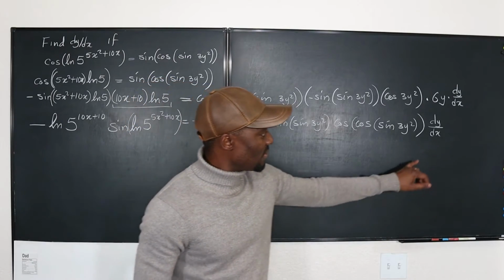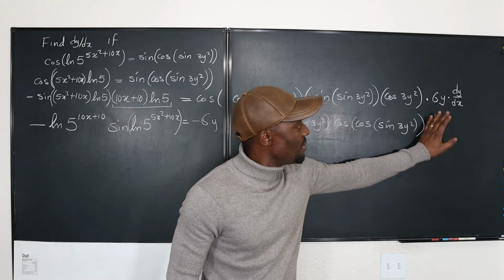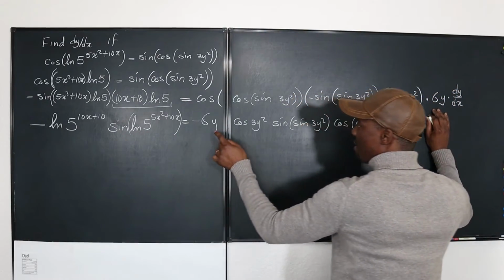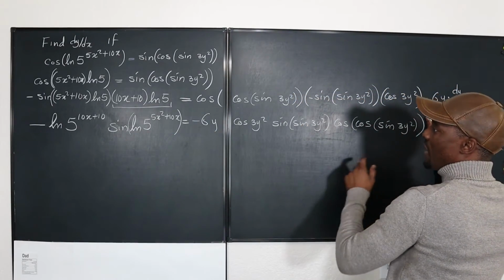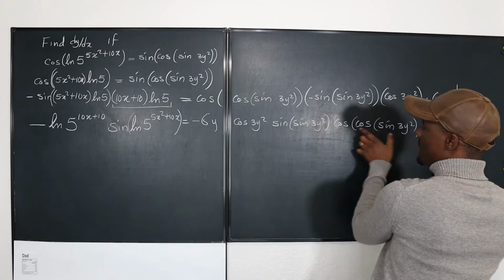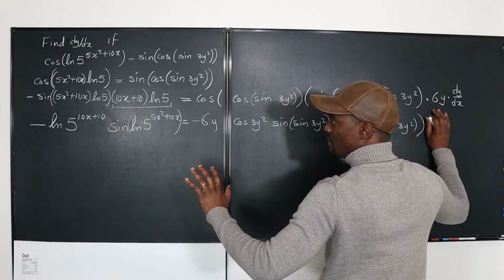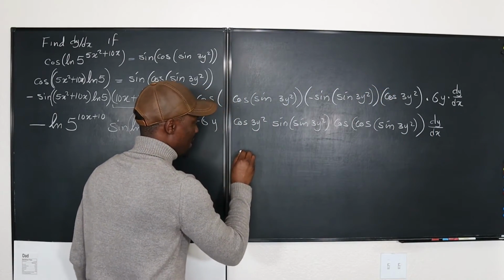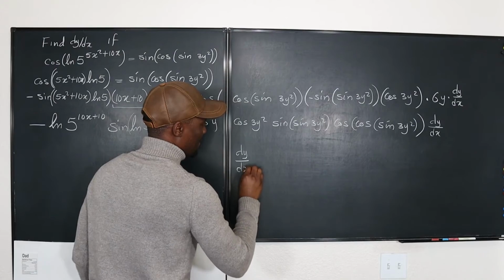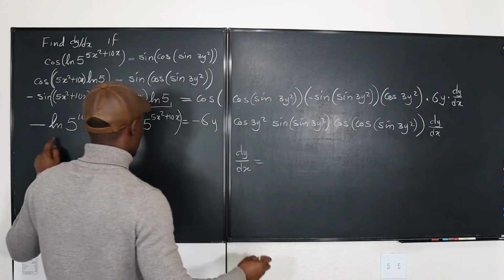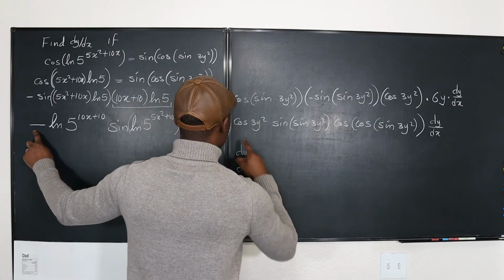Yes, I did forget to put this dy dx, which will be isolated. And remember, for you to get dy dx, you divide this side by whatever is multiplying it. So our answer is going to be this divided by this. And you notice that when you divide this by this, the two negative signs will disappear. So we can say our final answer, dy dx, will be equal to this side divided by this portion, without the minus now because they cancel out.